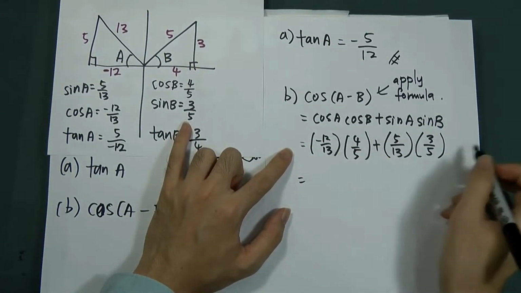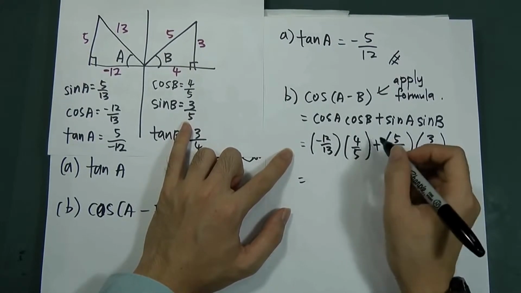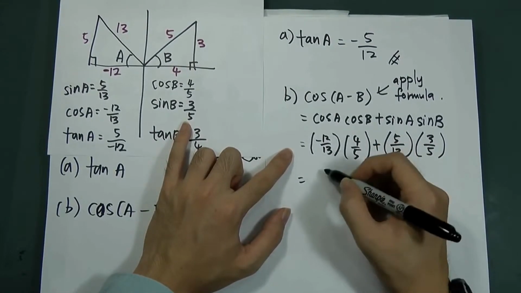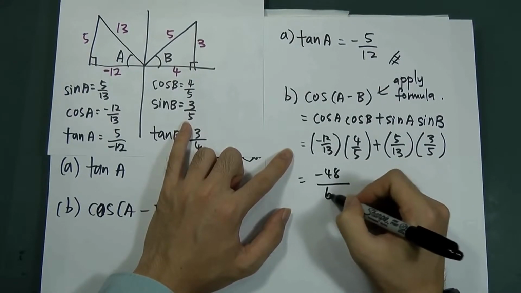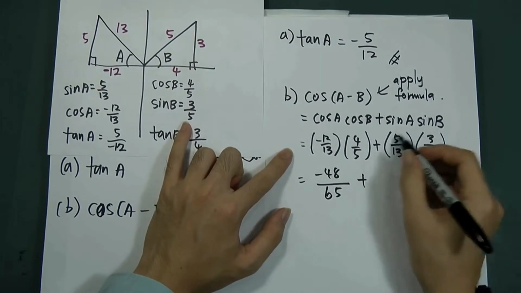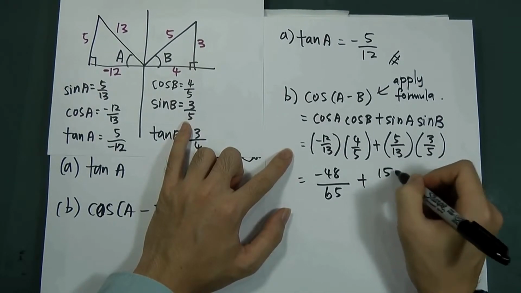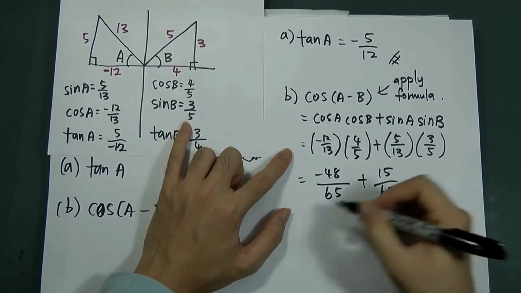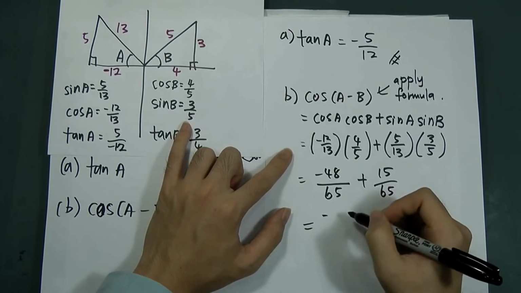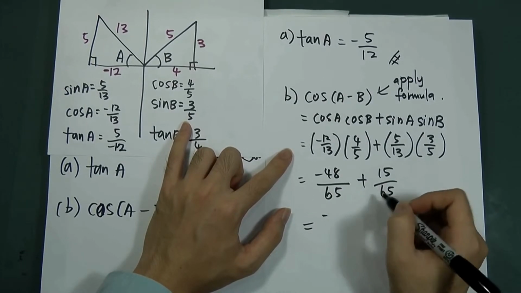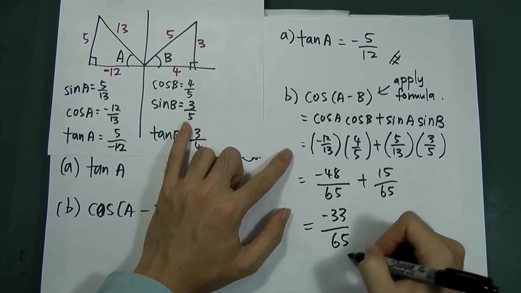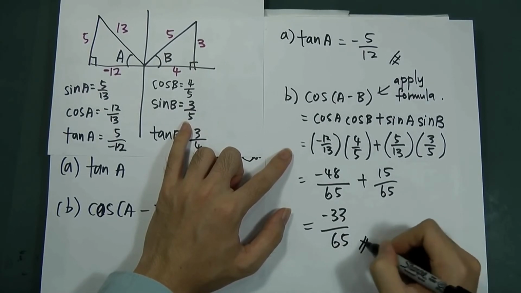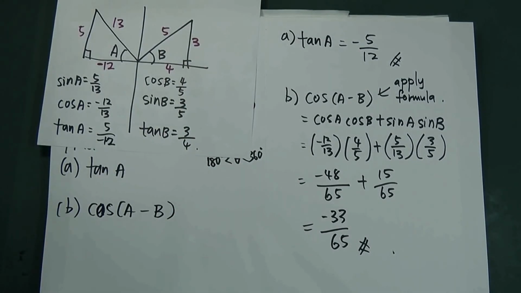You just multiply and solve it. This one is negative 48 over 65, plus 15 over 65. So you solve it and you get negative 33 over 65, and it can't be divided by 3. Yes, so this is the answer for cos of A minus B.